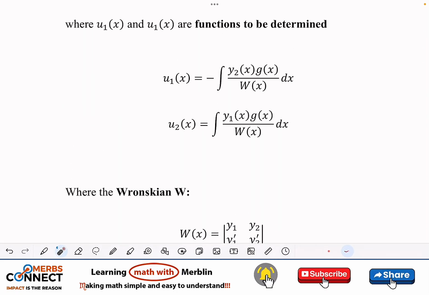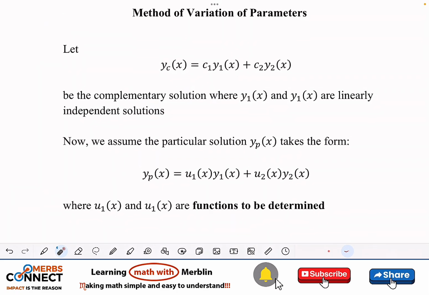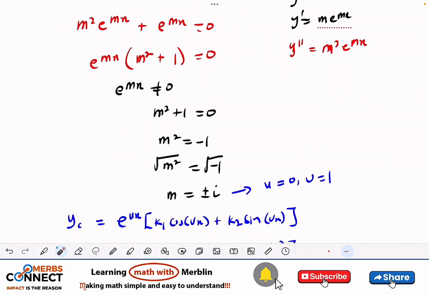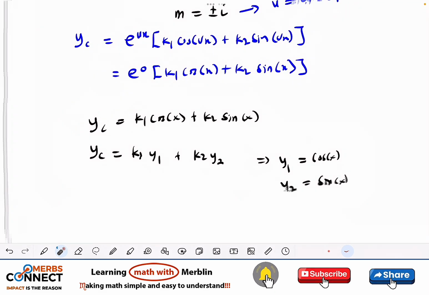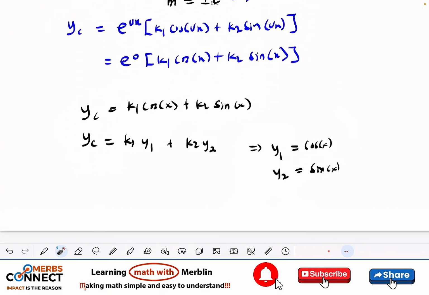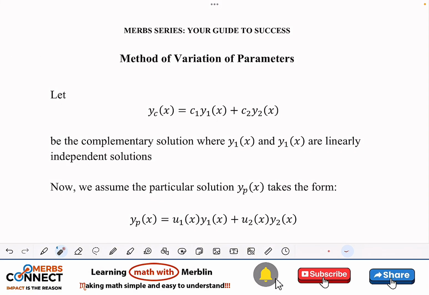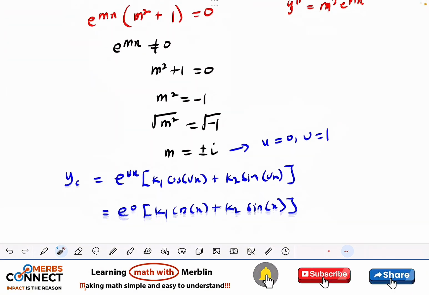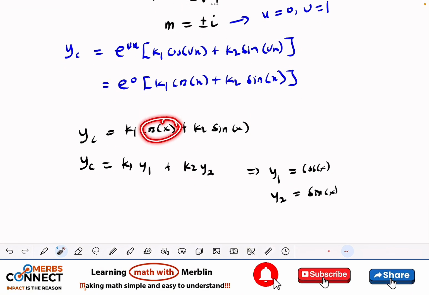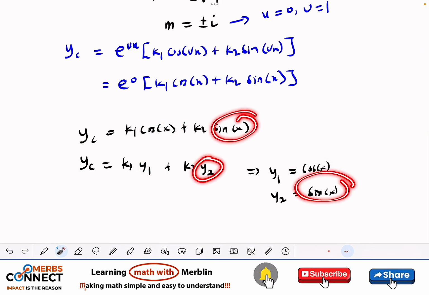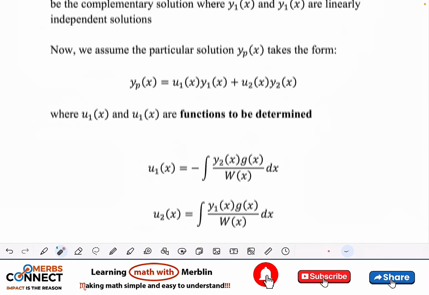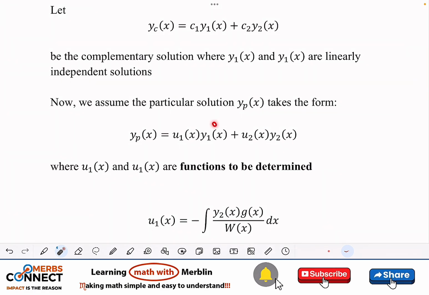In the formula we have C1, but here C1 is our k1, and C2 is our k2. So y1 is the function that was multiplying the constant, and y2 is also this. So looking at this, you've gotten y1 and y2.